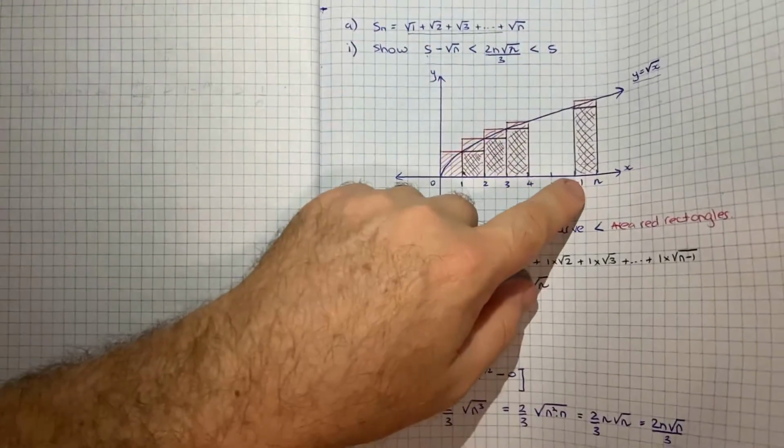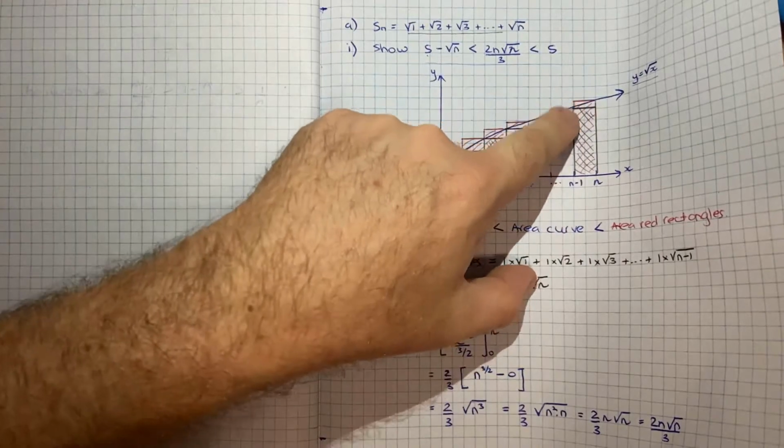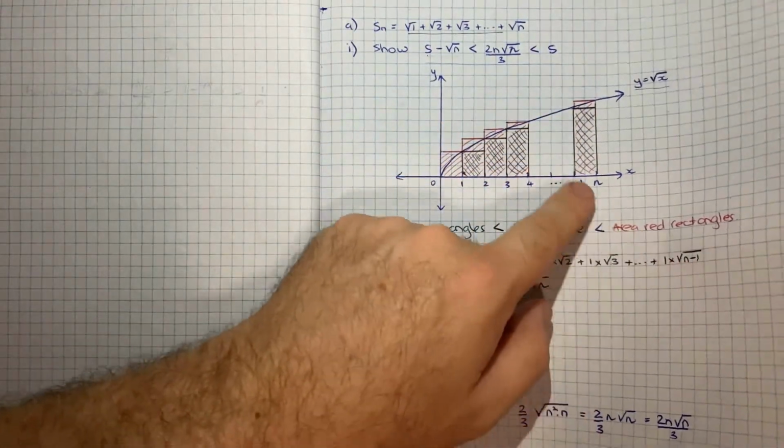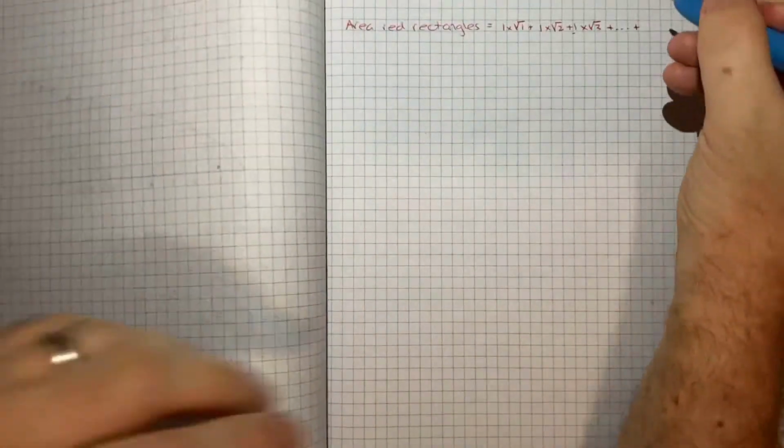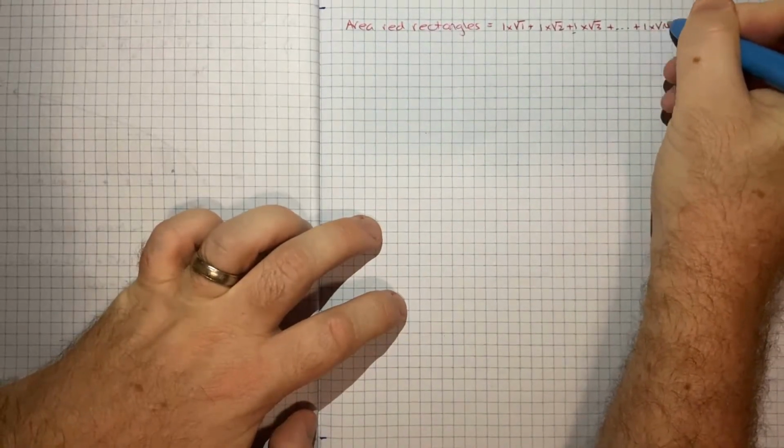But this time we do get all the way up to root n. So we don't stop at root n minus 1, the last rectangle has a height of root n. So 1 times root n.